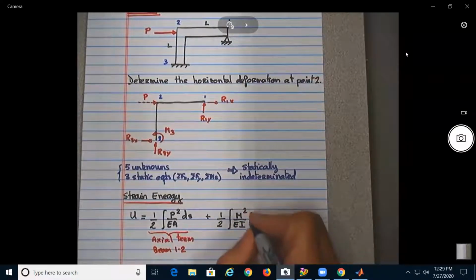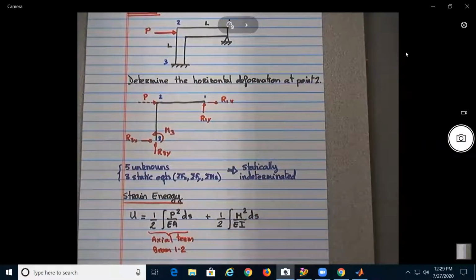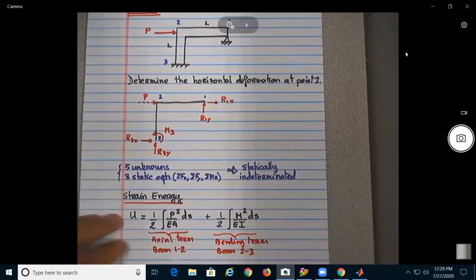I. And here we call this one again DS, or it might be DX, I don't remember, but DS. It doesn't matter. So this is the bending term that is being introduced by beam 2, 3. Okay?